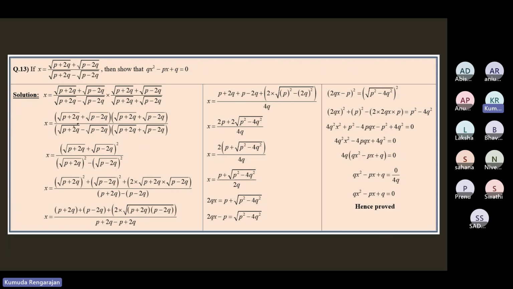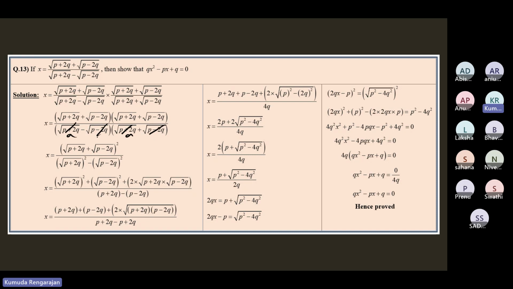So the denominator is of the form a minus b into a plus b. Why do we say a? Because see, this one and this one, they are the same. So a. This one and this one are the same. So like b. And the sign here is minus, here it is plus. So the denominator is of the form a minus b into a plus b. Check this one and this one, they're the same, a.